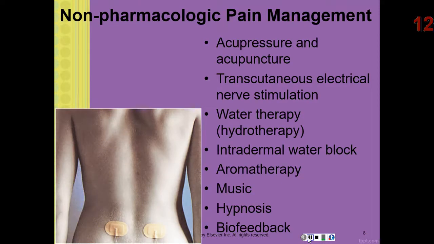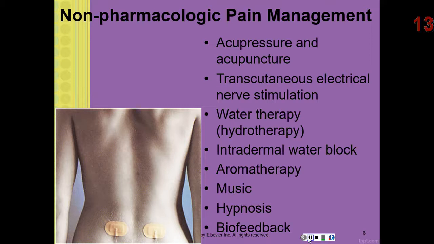Some other things that we see sometimes, acupressure and acupuncture. You can do that. Acupressure is continuous pressure on the neck, shoulders, sacrum, hips, ankles, toenails even. And let's see, TENS units, transcutaneous electrical nerve stimulation.